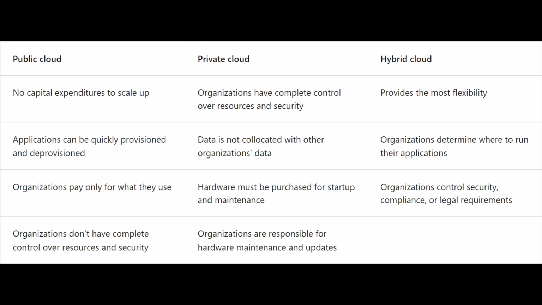We have to run and manage something on premises, prioritized so that we manage and control it. Other things you can do with public cloud, and it becomes hybrid. The organization controls security, compliance, or legal requirements. The responsibility in hybrid is 50-50, whatever option they select.